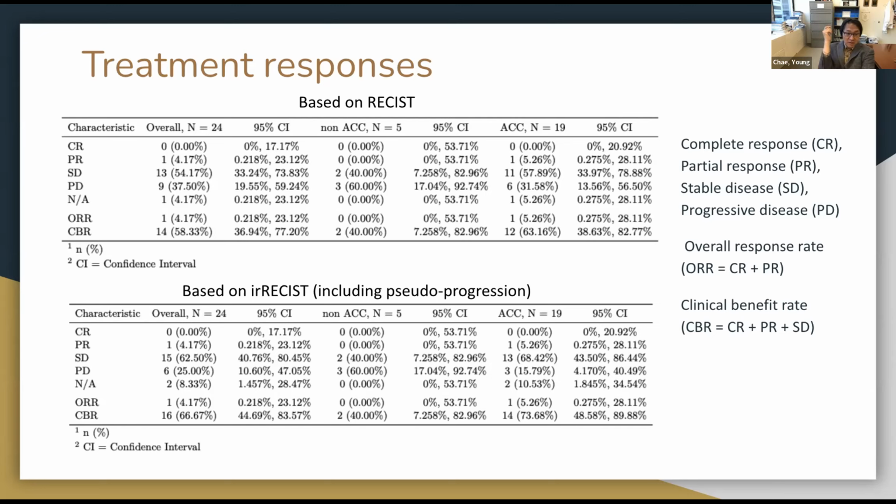But still, I think to be accurate for immunotherapy clinical trials, iRECIST is better than RECIST. So be ready to discuss the difference between the two, why we had 3 patients that were different, and were they true pseudo progressors or not. So that's your next presentation homework, okay? Okay.